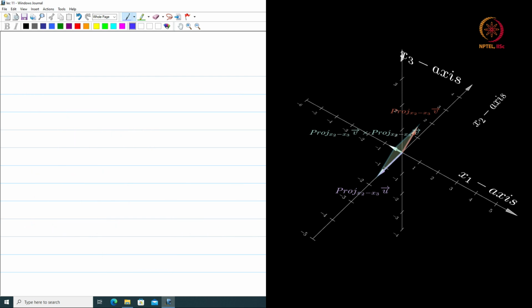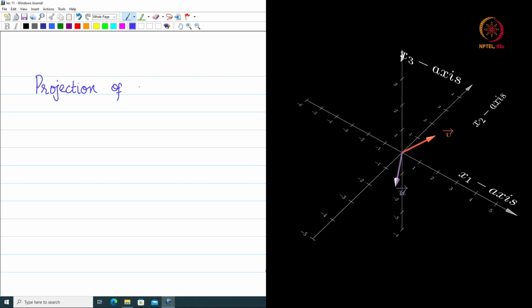We are again going to look at the projection. Let us look at this. We are going to look at the projection of u and v onto the x1 x3 plane.